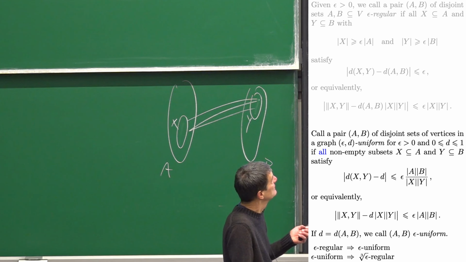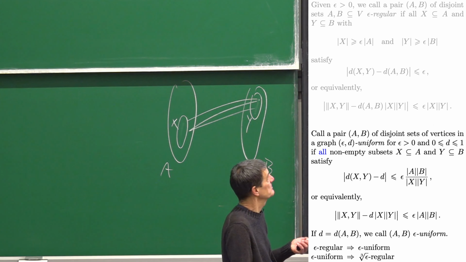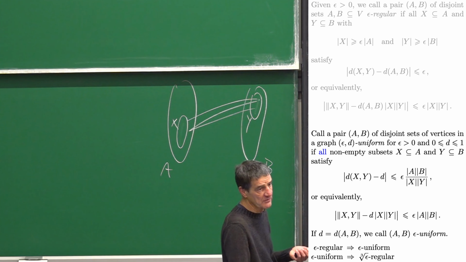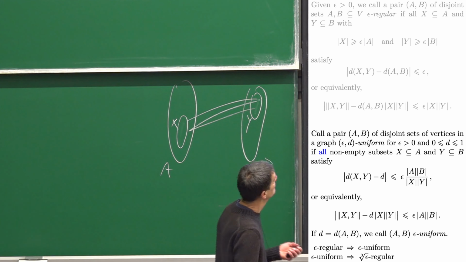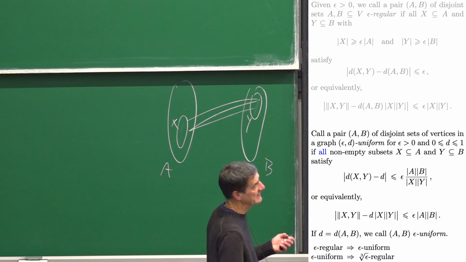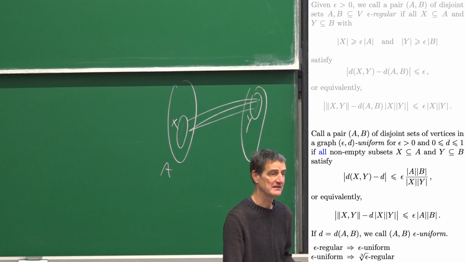So you have to prove here that the uniformity inequality applies also for small subsets X and Y, assuming epsilon regularity. That doesn't ask anything of small subsets, but you can prove that. And then when you're epsilon uniform, you're also cubic root of epsilon regular. So regularity and uniformity, as we call them here, are qualitatively the same within a constant factor, the cubic root of epsilon being the factor.